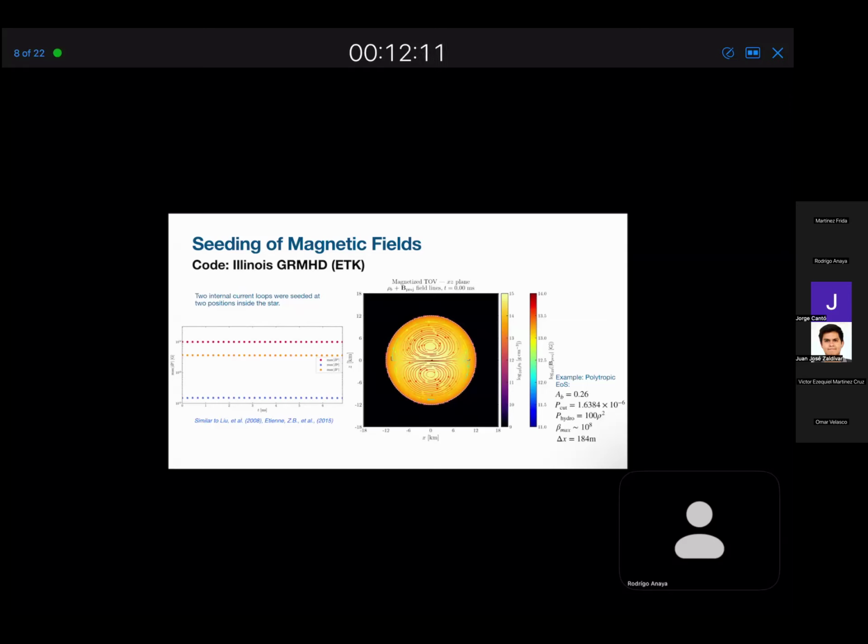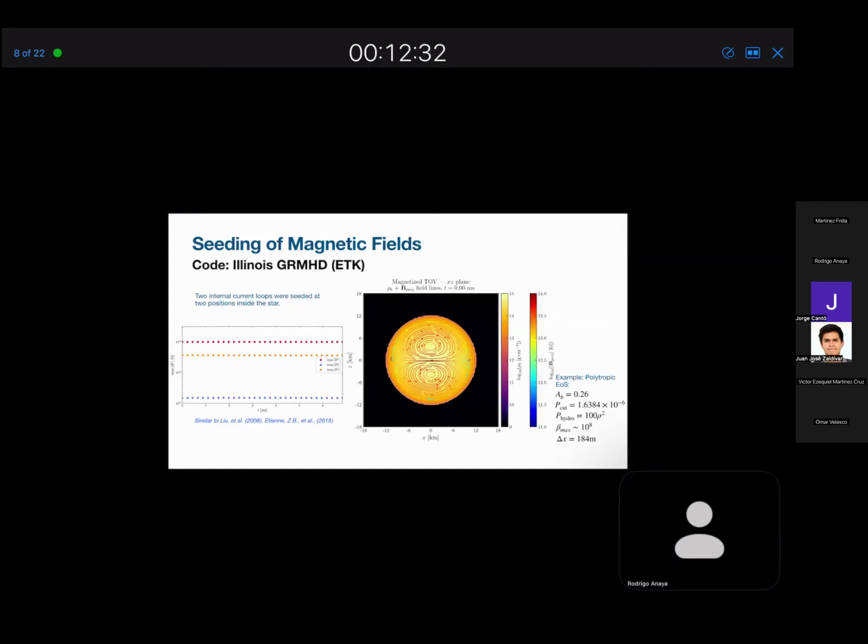For the first case, I seeded magnetic fields within a single neutron star. My idea with this, as you can see from this snapshot, is to seed two current loops within a star artificially.